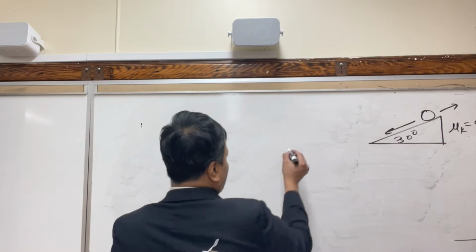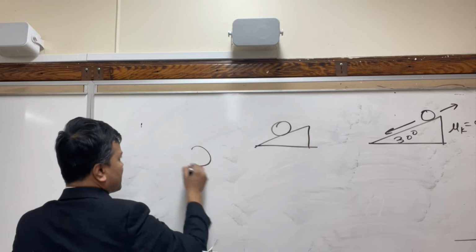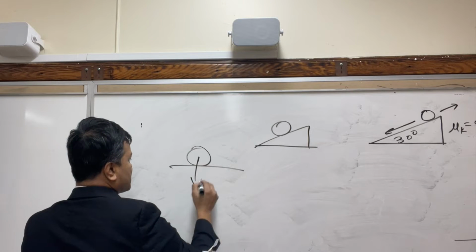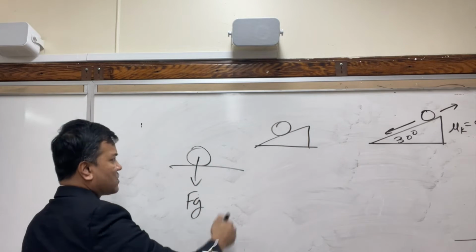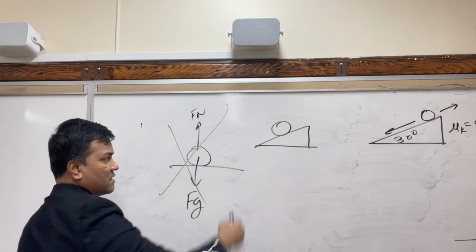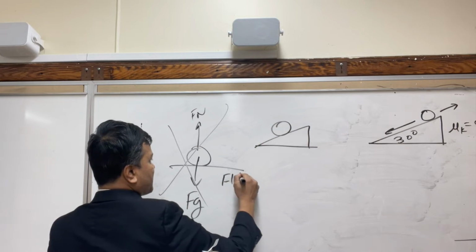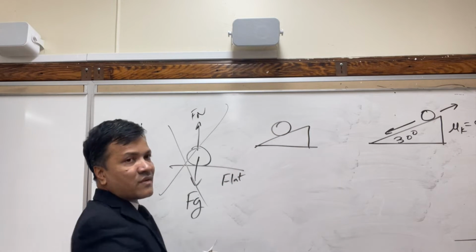Now, let's derive the formula. If there is a ball sitting over here, this is Fg, right? And this is Fn. But that's not the case over there, because this is not on a flat surface. This is not even close to flat.